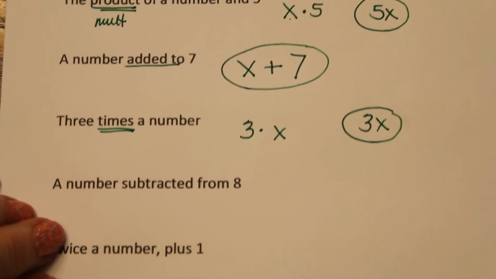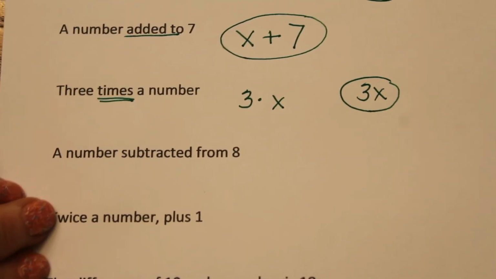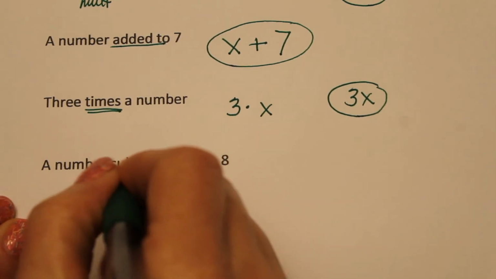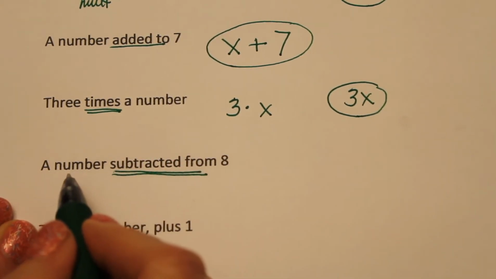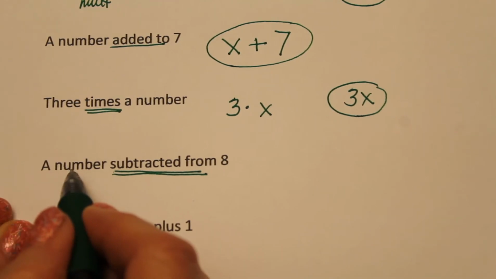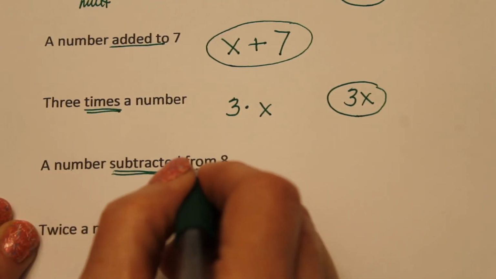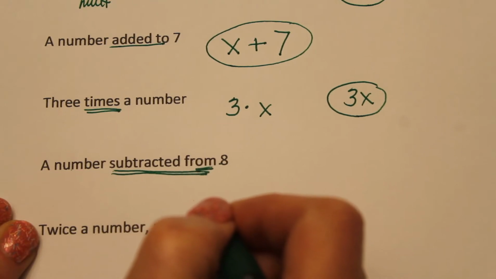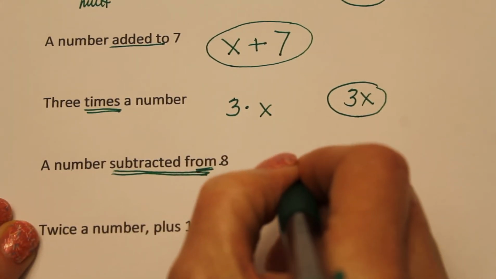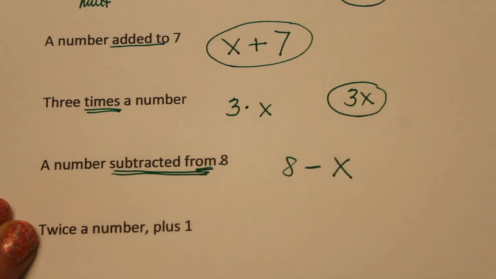All right, so here we have subtracted from. That tells me that it's going to be subtraction. But you have to watch out. The number is subtracted from 8.